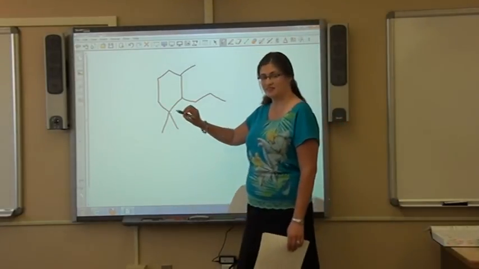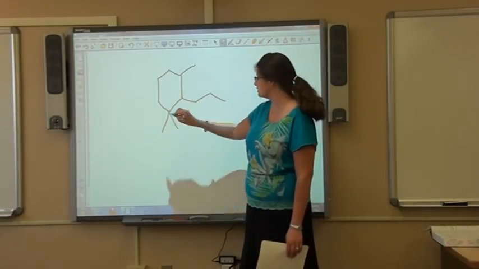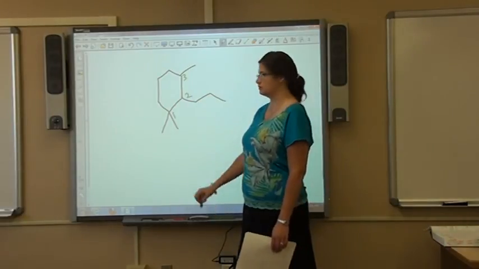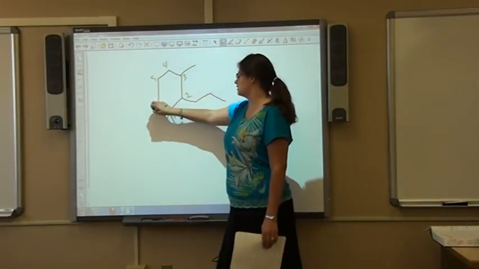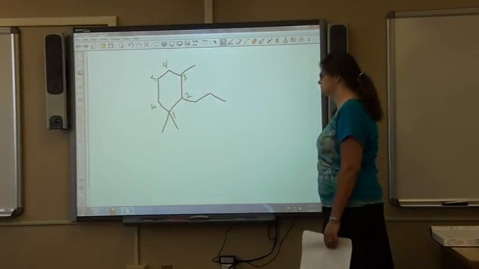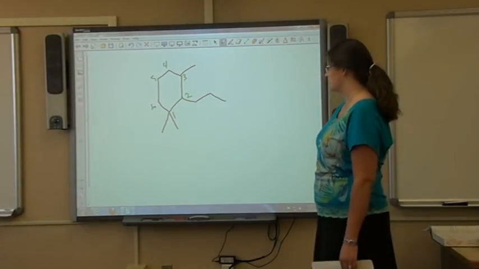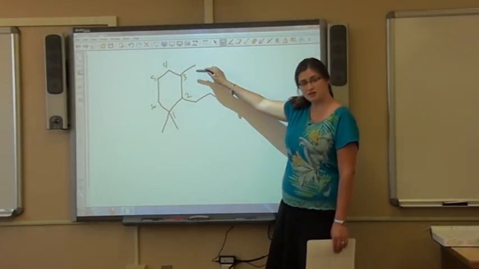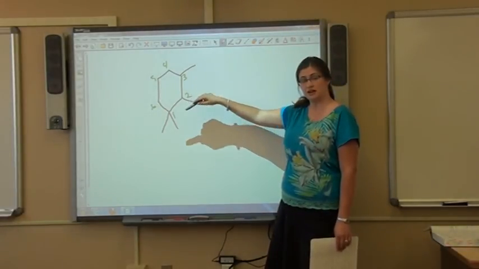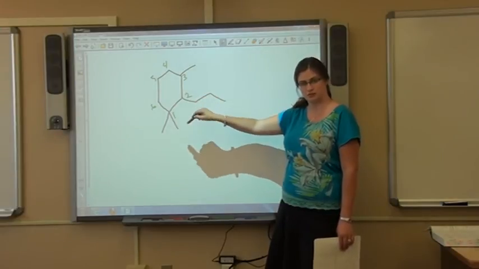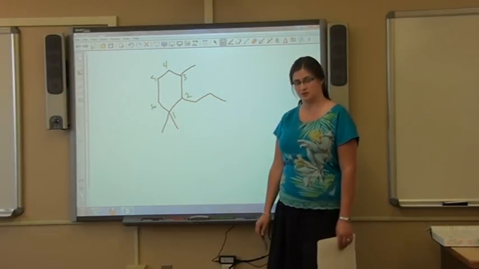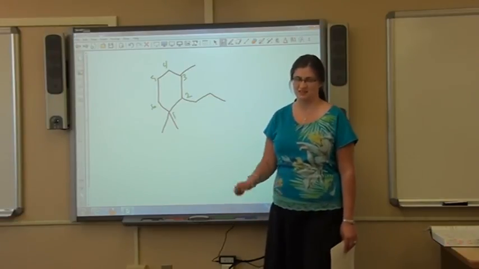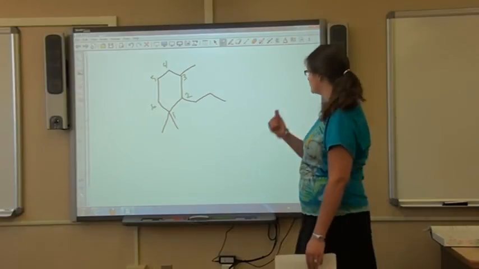We want to try to get everything to have the smallest number possible. 1, 2, 3, and these are all unimportant as far as numbering goes. Now, the reason this is the right way is because if I were to start here with my number 1, that means I would have a 1, a 2, and a 3, and 2 3s. 1, 2, 3, 3. I can make those numbers smaller by saying 1, 1, 2, 3. So that's why the counterclockwise way is the right way.